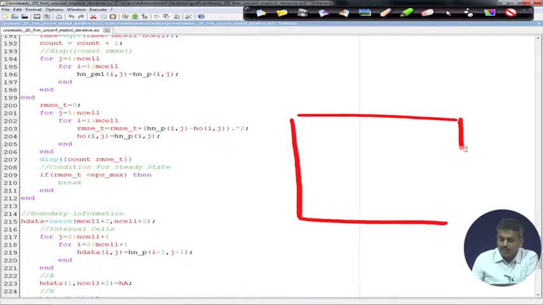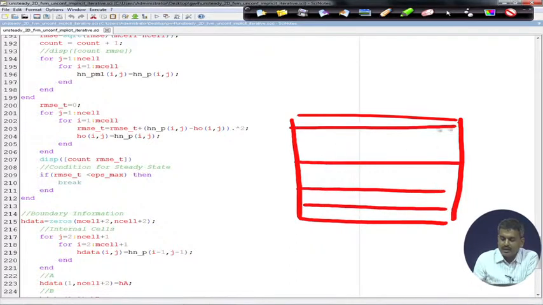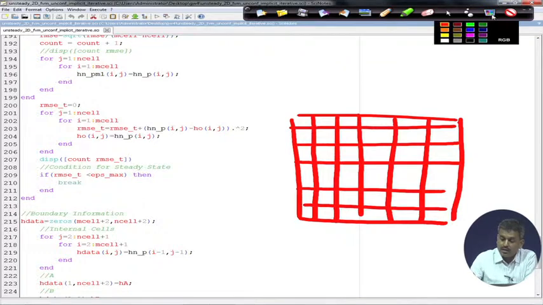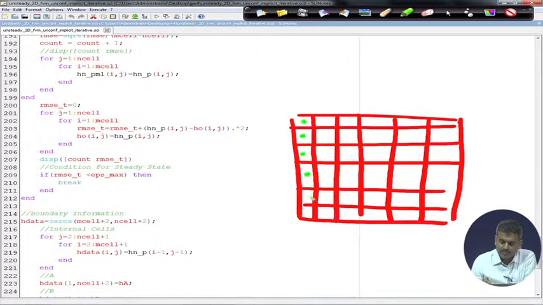Obviously we know that for our boundary, we have got values for only internal nodes. That means we have information about these nodes.